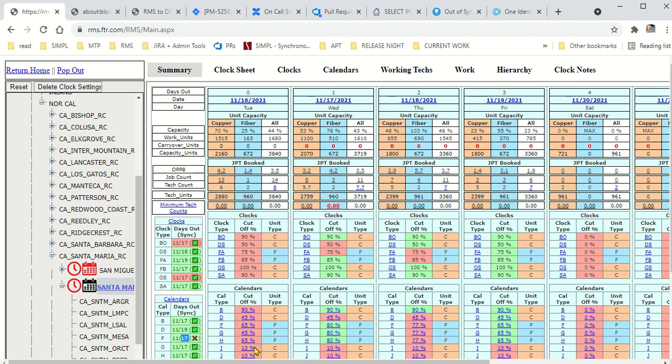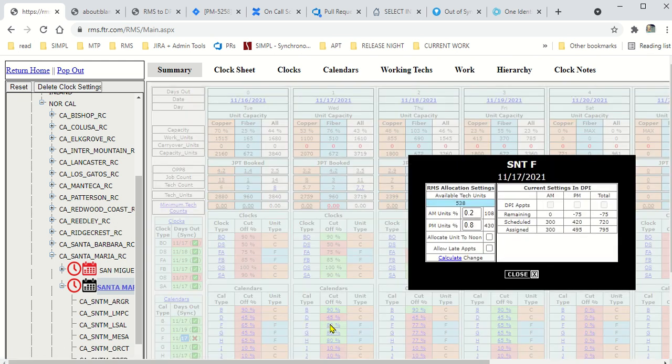Okay, so I can go to 17th for F, which is fiber, and then the 80% is higher than the 76%. So there should still be capacity. Well, yeah, right now it's saying there's nothing remaining.